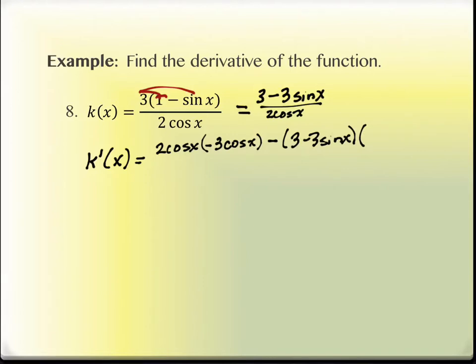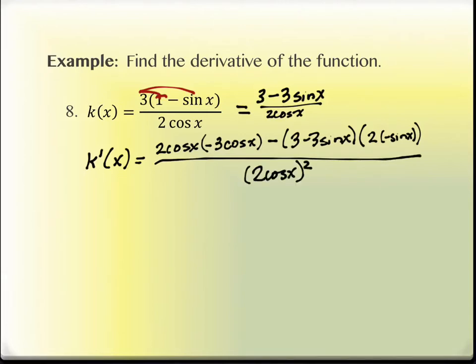And the derivative of 2 cosine x would be 2 times negative sine of x, right? The derivative of cosine is negative sine. And it's all over the denominator squared. So 2 cosine of x, all of that squared. Don't forget that means you're going to square the 2 at the beginning as well.